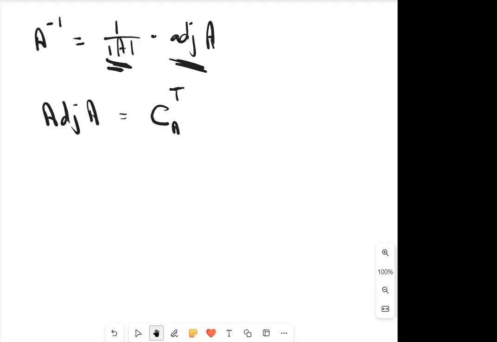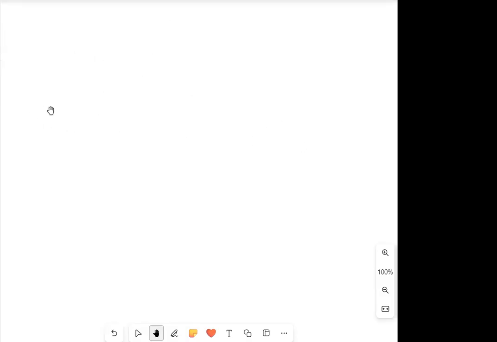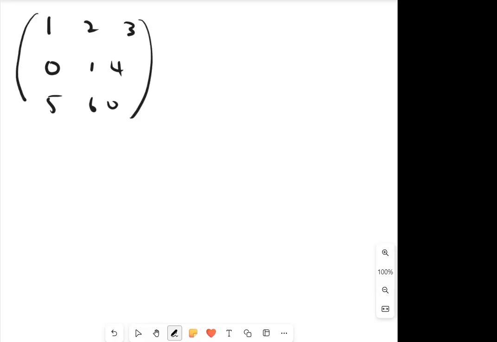So we have to find the cofactor first, right? So let's get the matrix back. We'll do the transpose later on. So the matrix is 1, 2, 3, 0, 1, 4, 5, 6, 9, right? So the cofactor matrix, I'll write it big here.